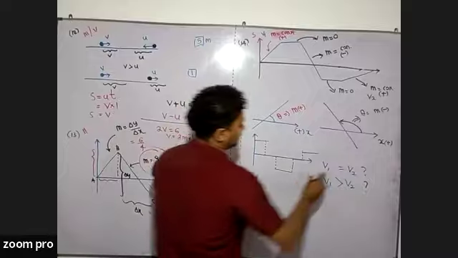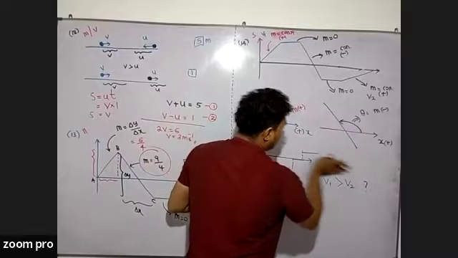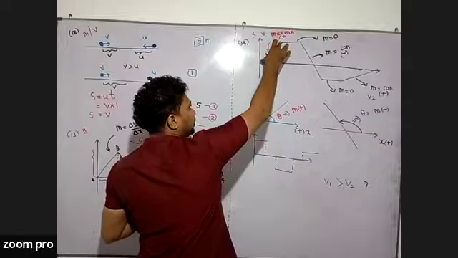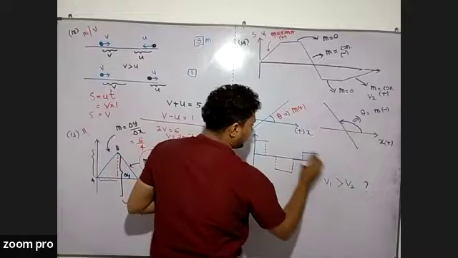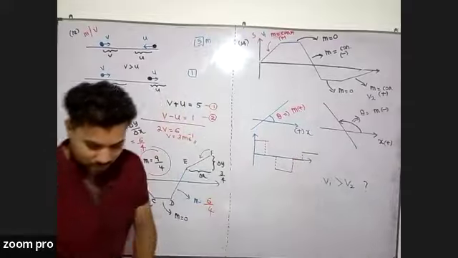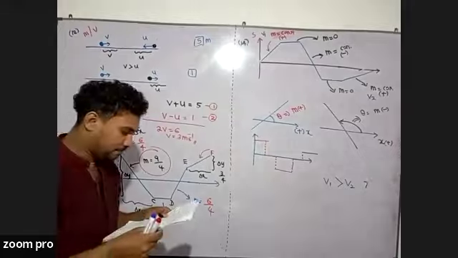So if this graph has a greater slope, that means v1 is greater than v2. So this is the most accurate velocity-time graph.